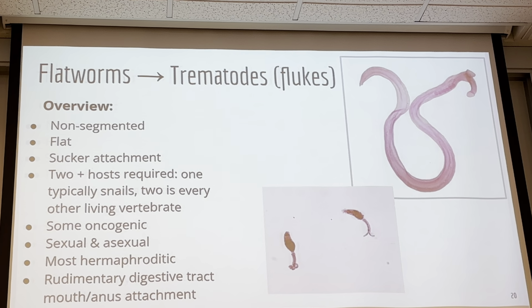If a snail is an intermediate vector and it's crawling through the garden, or the snail dies and it's in the soil, then a person can get that, or an animal can get that. But also, more rarely, people who eat snails can get the transmission route that way.